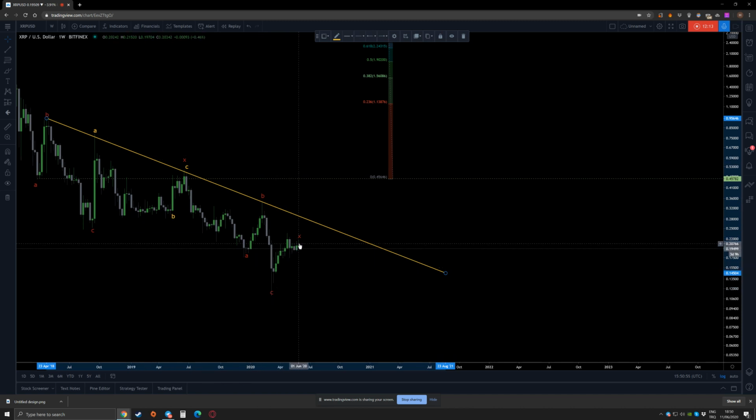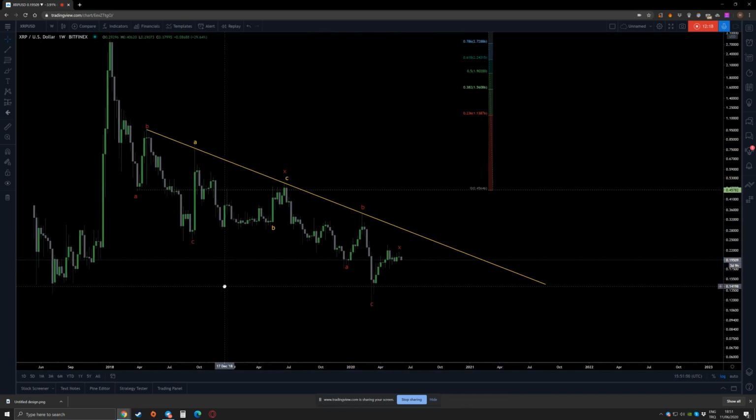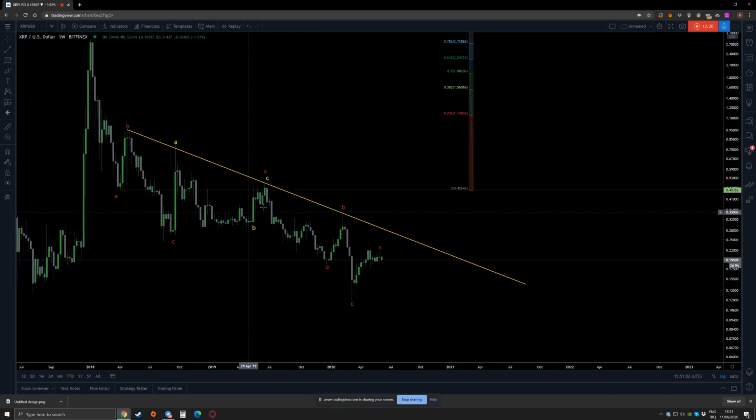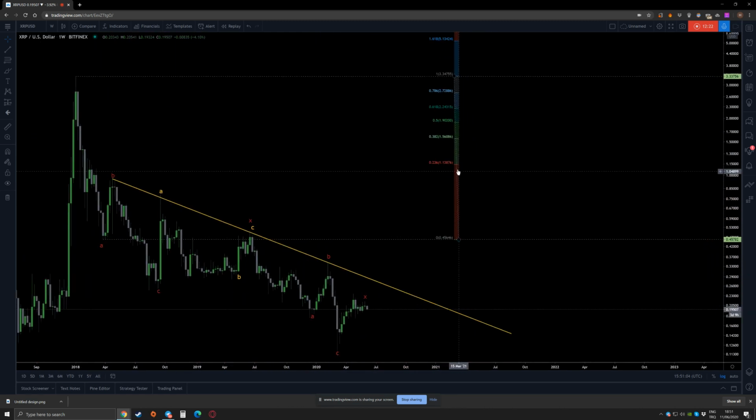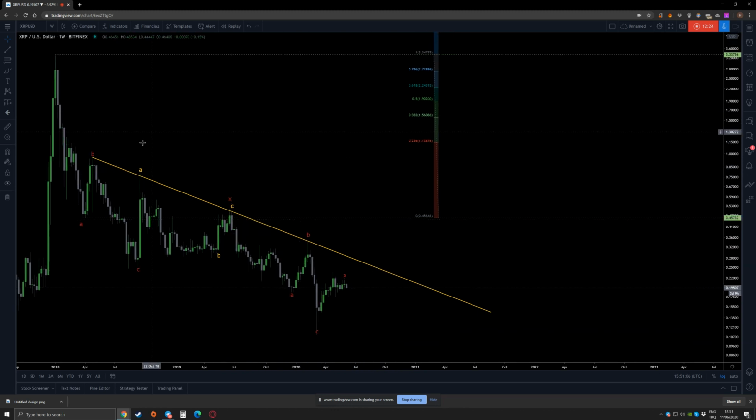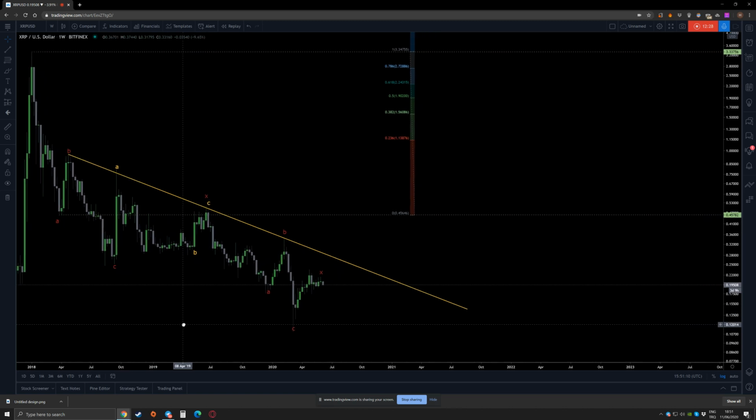So after this wave A, we need another B. It should come here. So I will say whatever, this is a triple combination. But why will it not be a triple combination? Well, I think it will not. If it's a triple combination, it means that on the same degree, the price cannot go all the way back to here.